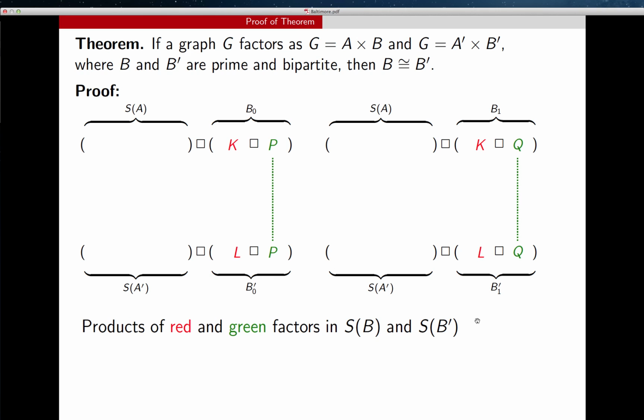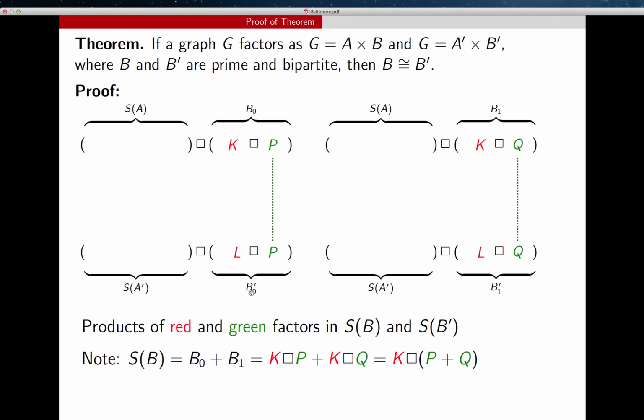So we're looking now at products of red and green factors in the skeleton of B and the skeleton of B prime. Now let's think about what we have here. Remember, the skeleton of B was B0 plus B1.